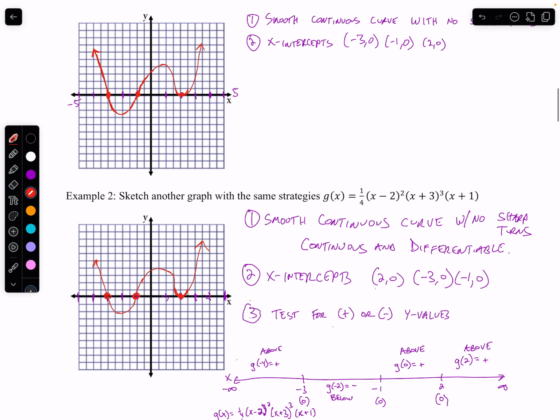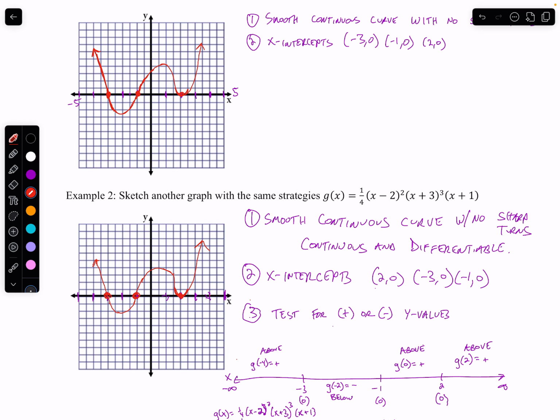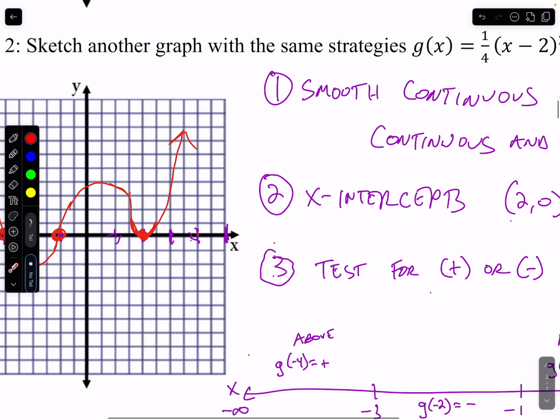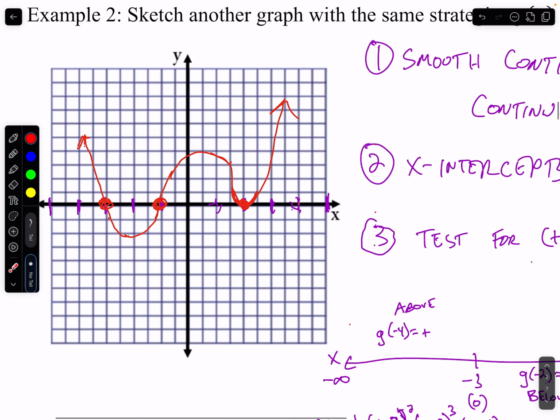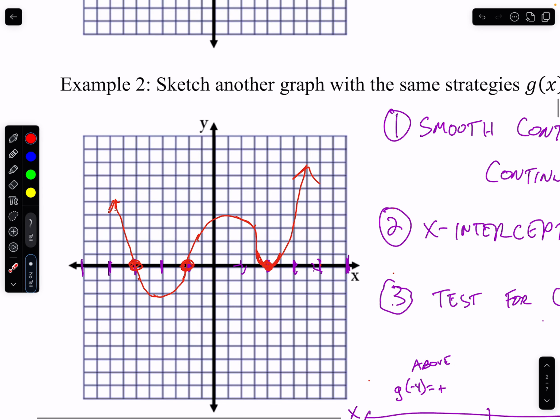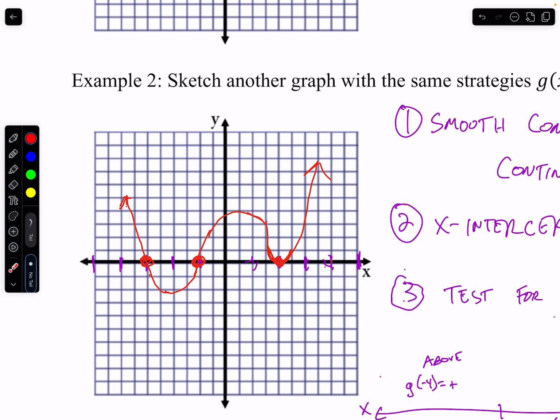Look at the difference. So let's look at the difference. At this 0, what happens here? At negative 3, we said it crosses. There's a sign change right here. But it's a little different because of this power of 3. It's going to cross, but let me show you what's going to happen there.